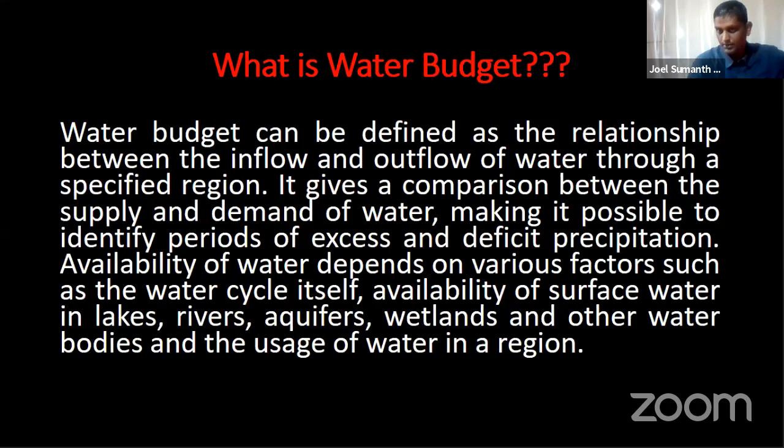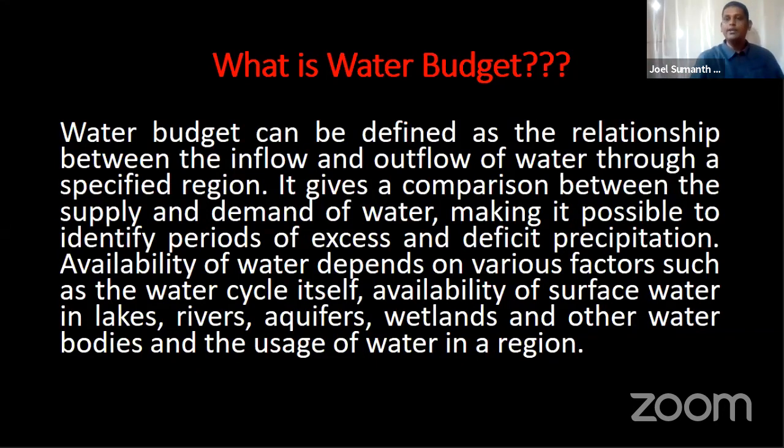Precipitation. And availability of water depends on various factors such as the water cycle, and surface water. When we say surface water, we're talking of water in our lakes, rivers, aquifers, and other surface water, wetlands. So water budget is basically how much water is required for each region, each sector, and each activity.